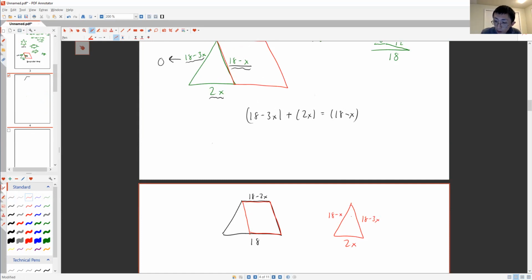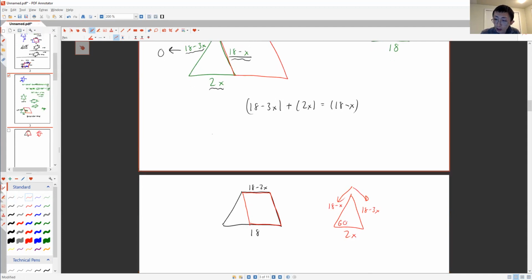So in both cases, whether or not we swap these 2 side lengths, because we know one angle is 60, it's not symmetric, it's always true that this plus this equals this. So if we assume that all the side lengths are positive, then we can conclude that this must be the largest side. So the 2 smallest lengths add up to the largest side, and we can ignore these cases for the most part.